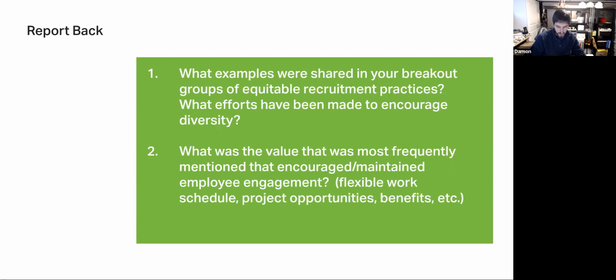But the things that were listed for a meaningful experience or engagement had to do with the type of project work, like what phase you were on, or what kind of role you had on the project, and making sure that what the employee is interested in aligns with the work that they're doing.